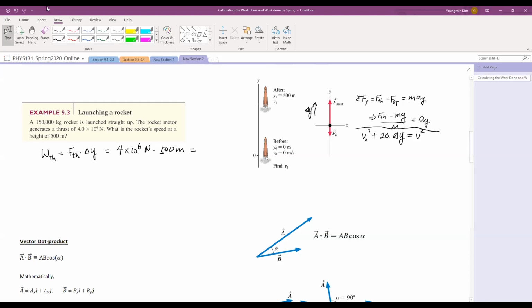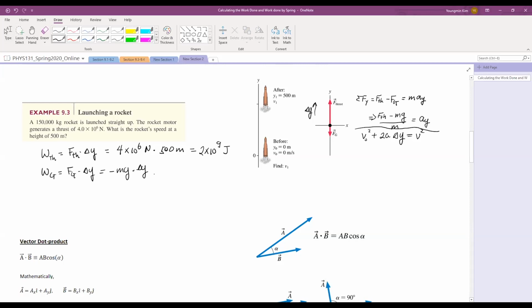Just getting my calculator here. All right, so just put that into the calculator. We have here, oh boy, 2 times 10 to the 9th joule. Now the work done by gravity is force of gravity times the displacement. In this case, it's minus mg, while the displacement is plus.